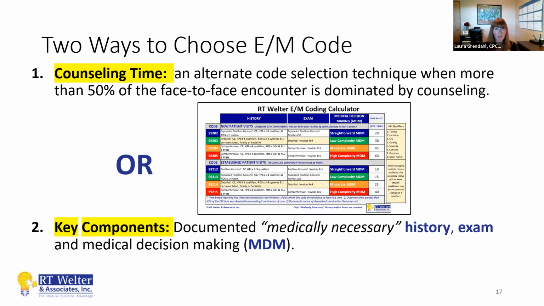We have time and we have our key components. And so with all of these, we talk about documentation of medical necessity, we talk about history, exam, medical decision-making, and then that counseling time, that 50% of our face-to-face encounter being dominated by that counseling and/or coordination of care.